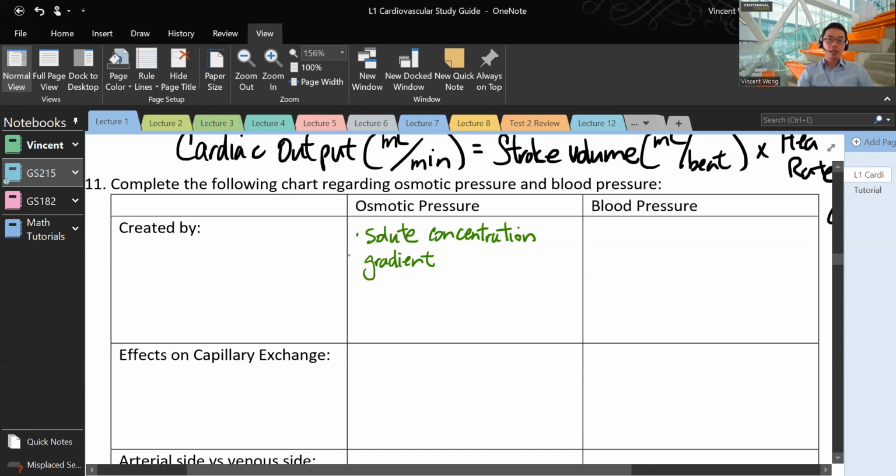So if there is more solute from one side to the other, that's going to create what we call osmotic pressure. And fluid moves towards higher solute concentration.